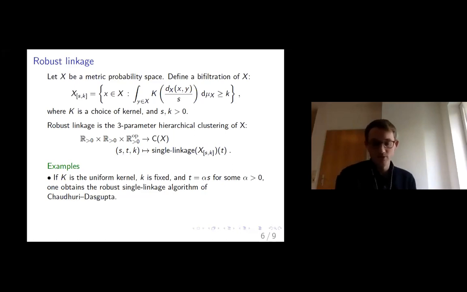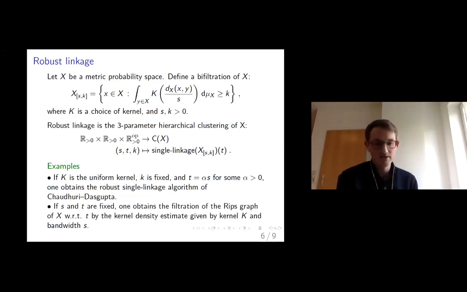So this is a popular hierarchical clustering algorithm, and as far as I know, it was one of the first that people proved a consistency result for, and it was Chowdhury and Dasgupta who proved the consistency of robust single linkage. So this is sort of a horizontal slice of the robust linkage where the density parameter is fixed.